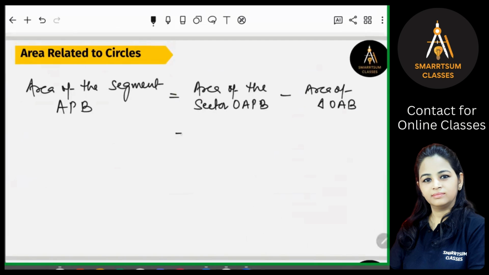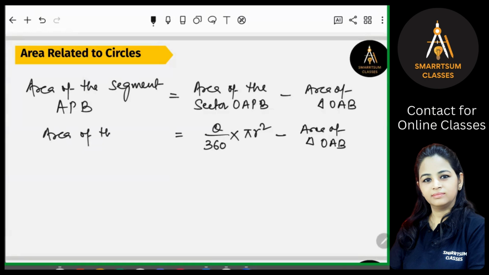Now, what is the area of the sector OAPB? We have already calculated: theta upon 360 degrees, with angle theta, into pi r square. This is the area of the sector OAPB with angle theta, minus area of triangle OAB. In this way, we can find the area of the segment APB. Is it clear?